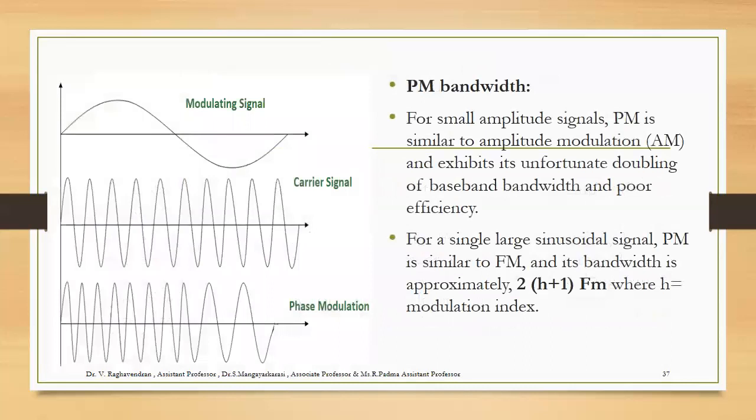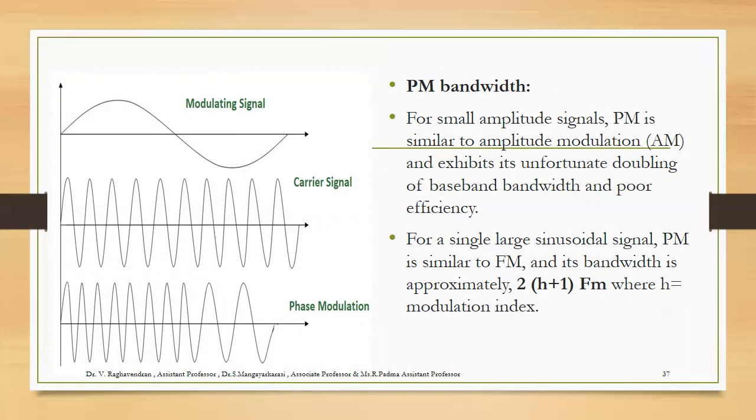So phase modulation bandwidth can be calculated. It is similar to amplitude modulation, AM, and exhibits its unfortunate doubling of baseband bandwidth and poor efficiency. That signal is represented in the diagram as phase modulation.